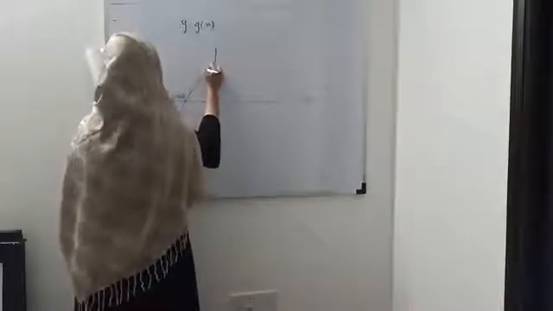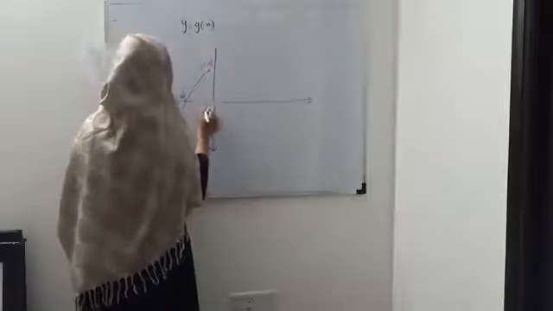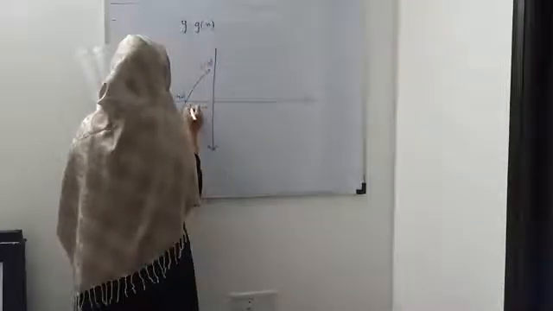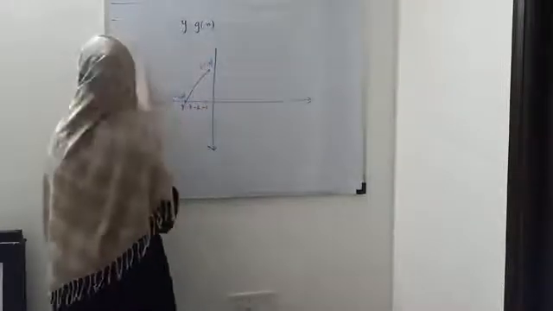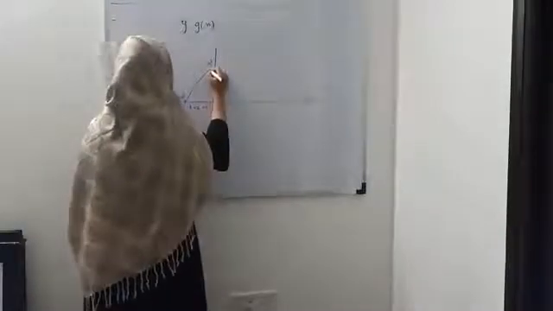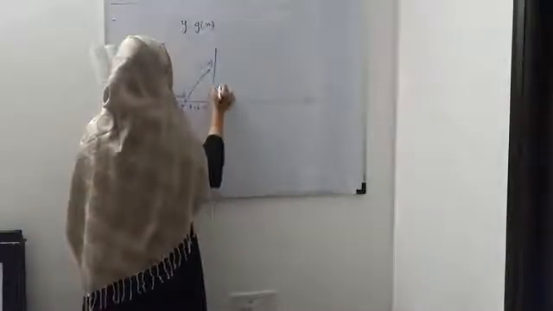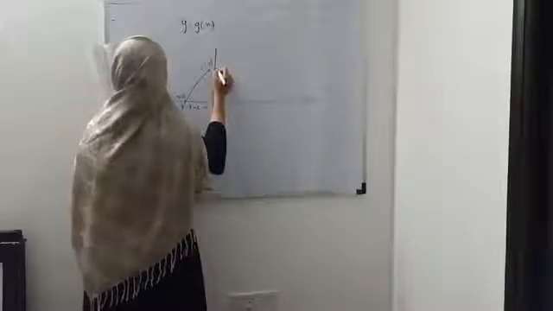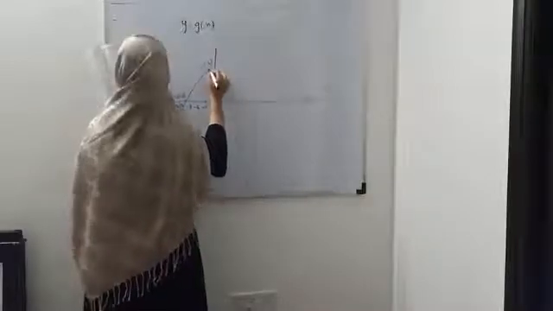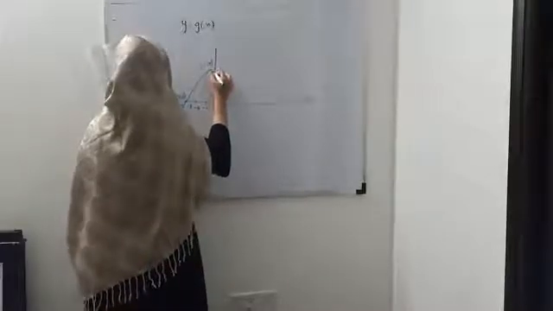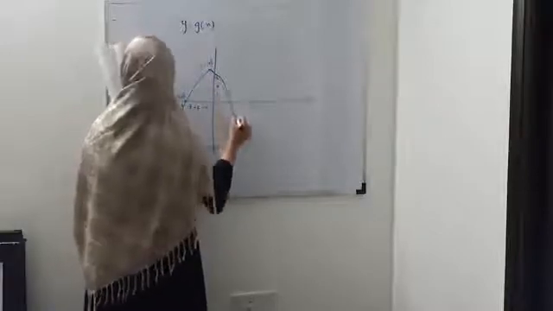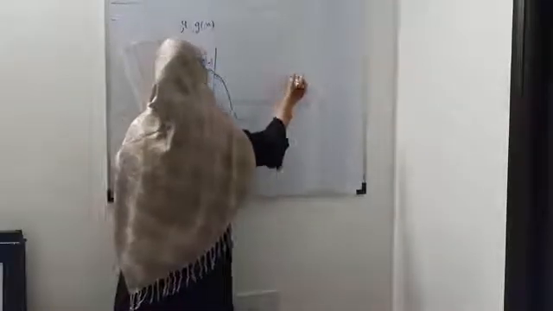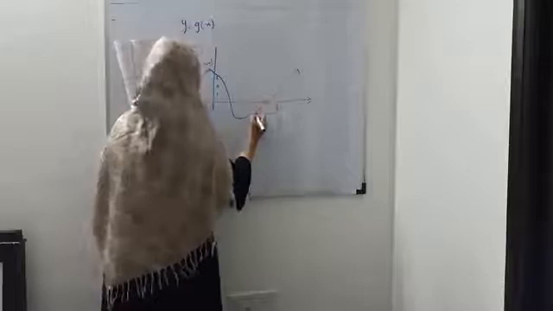This point is minus 1 comma 4. So this is minus 1, minus 2, minus 3 and this is minus 4. Here it is 4. So this is 1, 2, 3 and 4. So the graph is given like this.